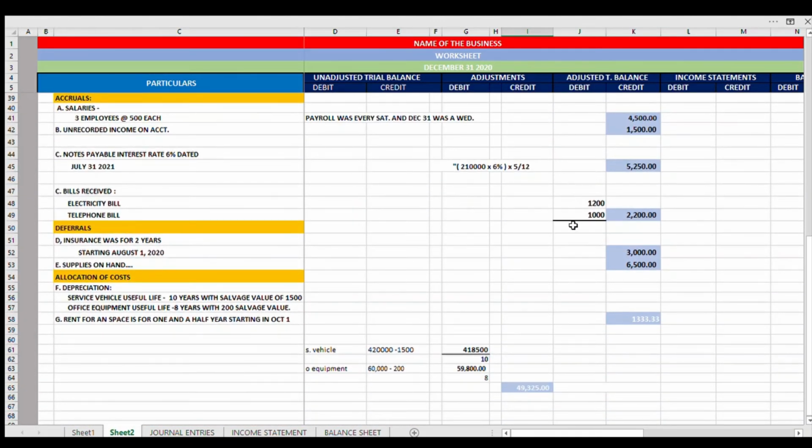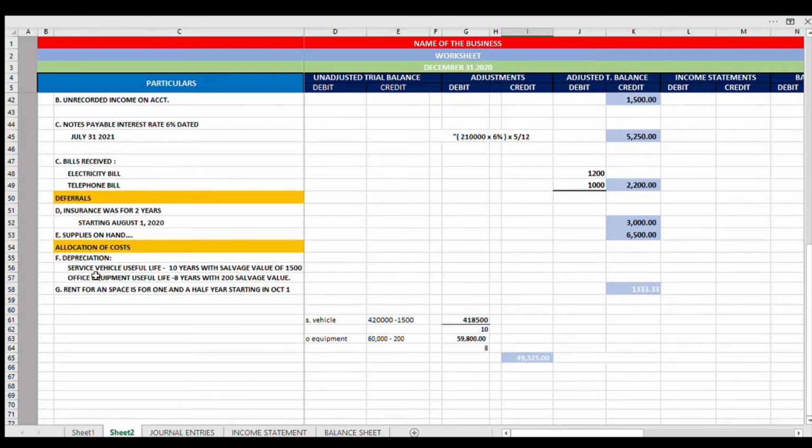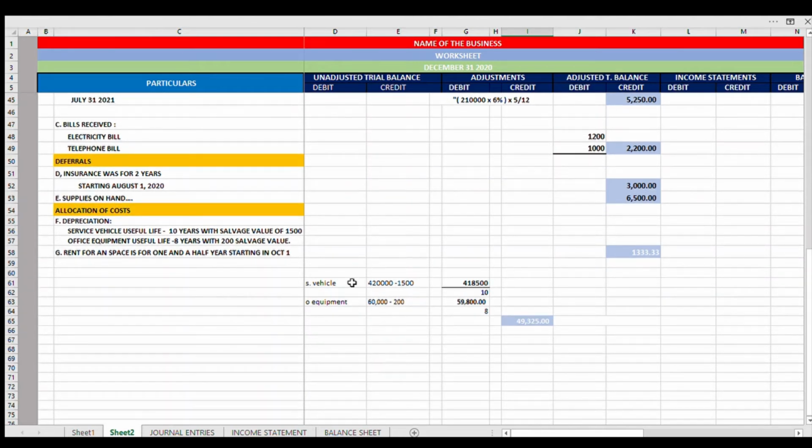Next, we have the allocation of cost. Service vehicle useful life is 10 years with service value of 1.5. We have now here the computation. I made it earlier. Okay.